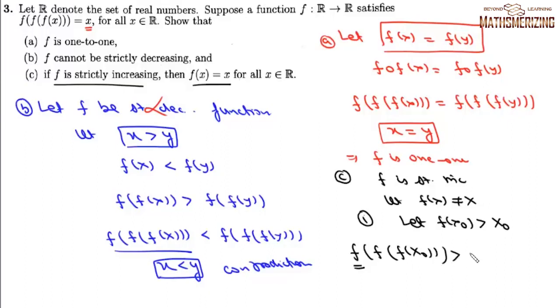That means f of f x naught is greater than f of x naught. Now for this function, this is x naught, so it will be greater than f x naught, and here f x naught is greater than x naught. Now this f of f x naught is nothing but x naught. So from here we get this condition that x naught is greater than x naught, which is not possible.